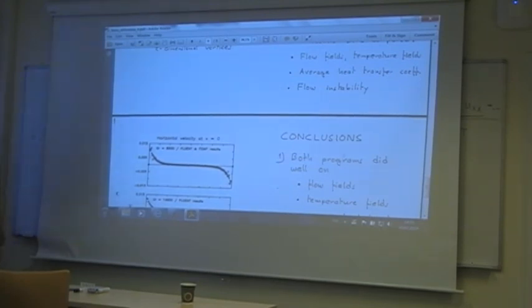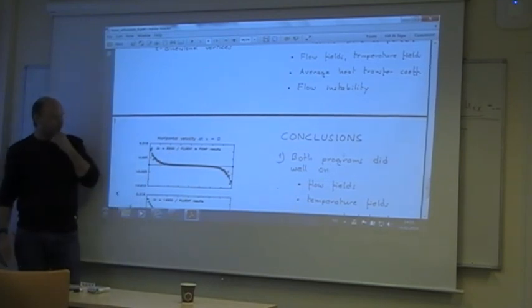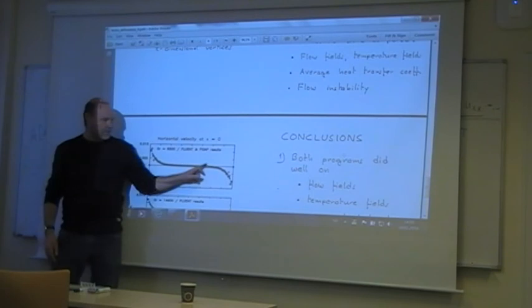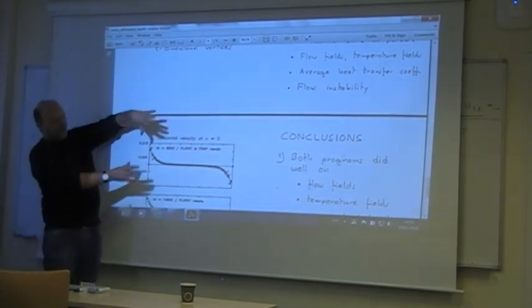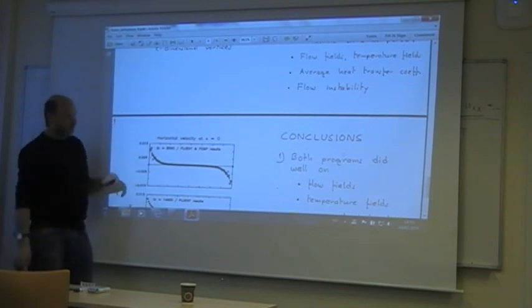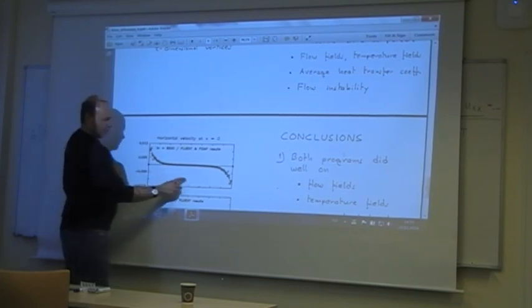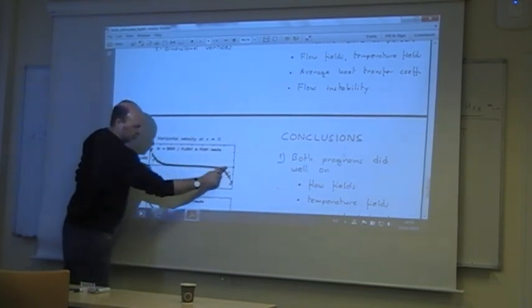So for the first case, Grashof number 8,500, both codes produced this velocity profile. Here the cavity is tilted 90 degrees, so you actually see the velocities up here. That's on the top. So yes, you have one big vortex going here, and then it turns, goes back, and goes negative here.